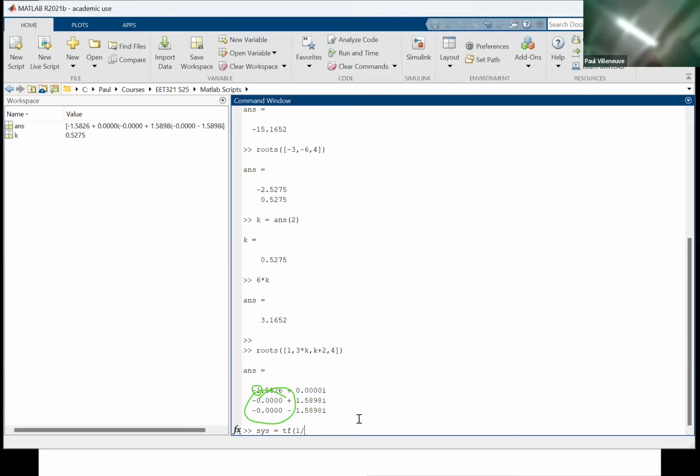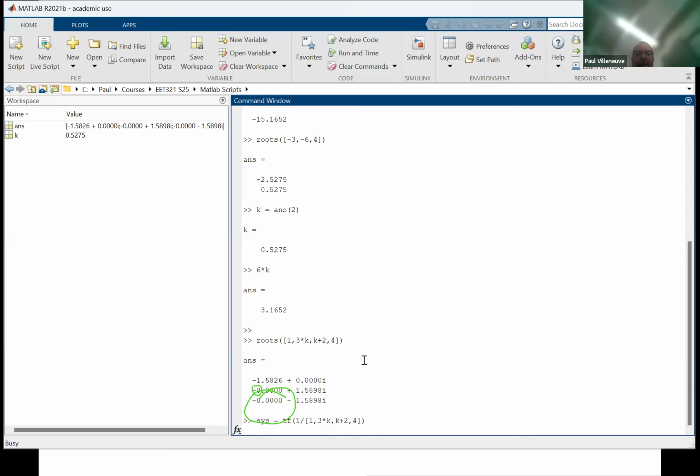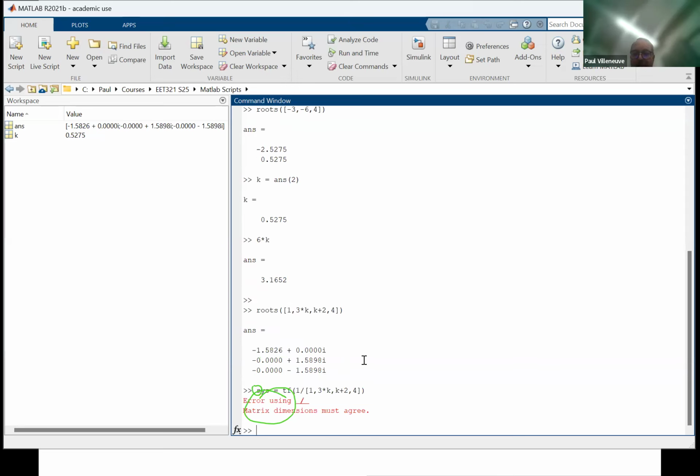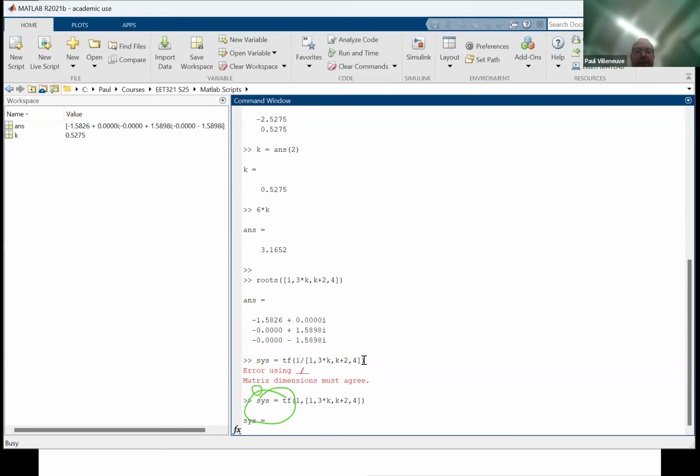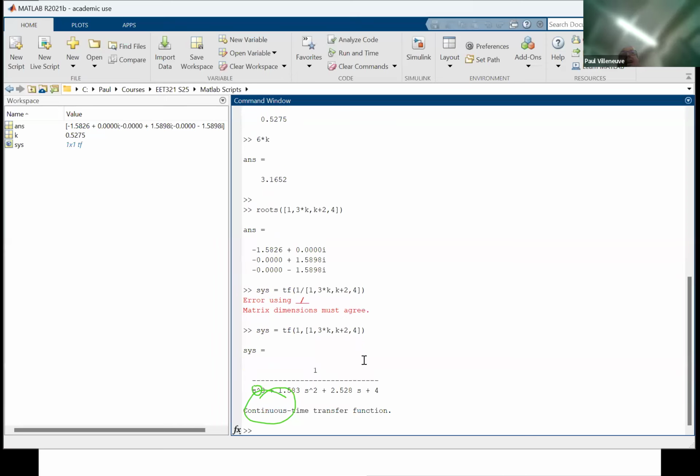I'm just going to put 1 in the numerator, and in the denominator, I've got 1, 3 times k, plus 2, 4. I have to put a comma. All right, so that's my transfer function.